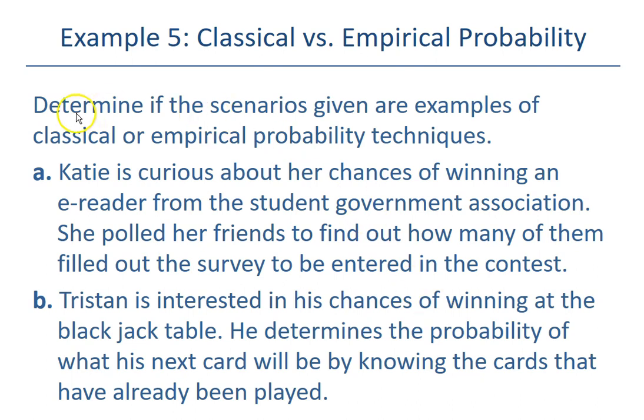All right, let's go on to another example. Example 5. Determine the scenarios given are examples of classical or empirical probability. All right. Katie is curious about her chances of winning an e-reader from a student government association.